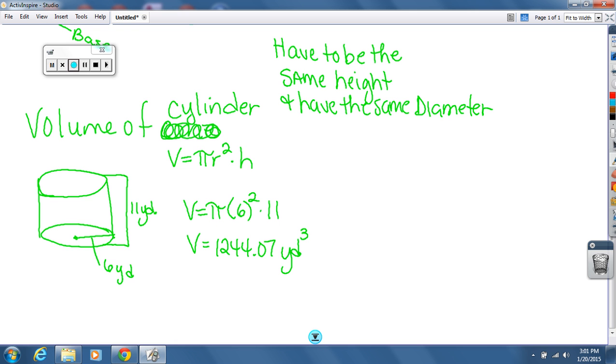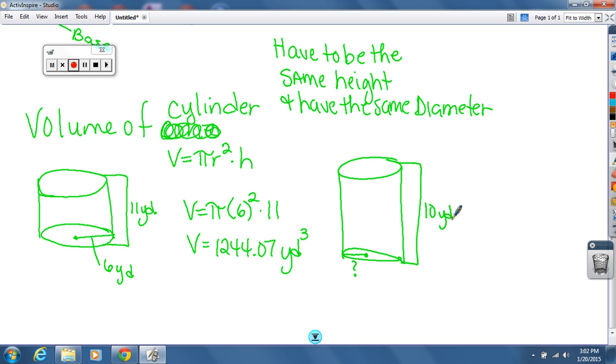Now, you may have to find the radius of a cylinder. So let's try another one. I know, it's terrible. Alright, how about if I have to find the radius, that means I'm looking for that guy, but I'll be given the height. So the height will be 10 yards.